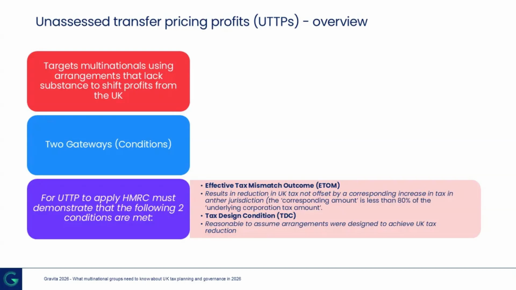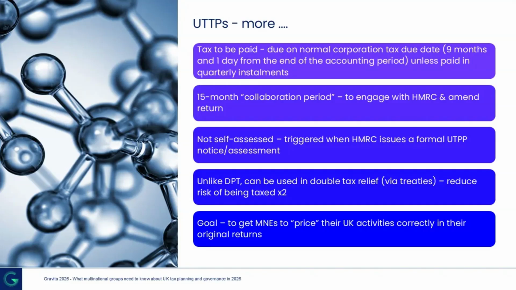On top of that, it's an "and" condition, there has to be a tax design condition. So it has to be assumed that there were arrangements designed to be put in place to achieve a UK tax reduction.